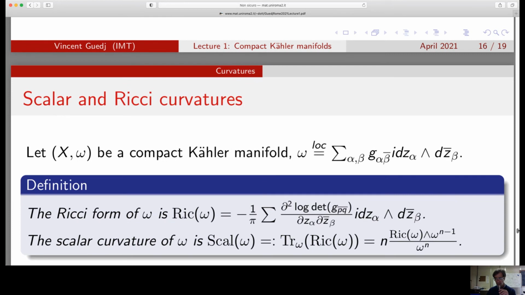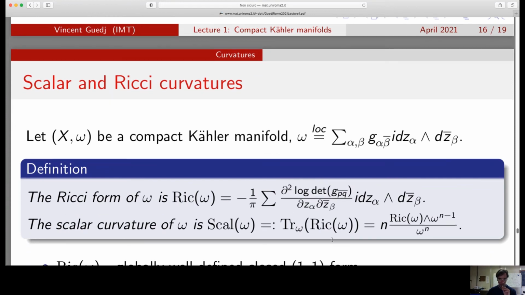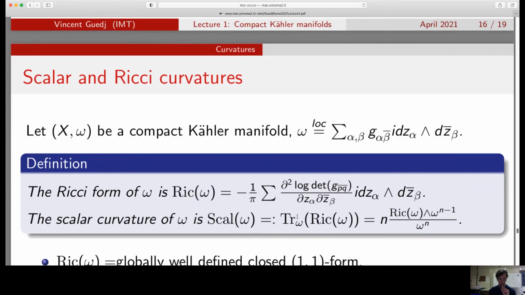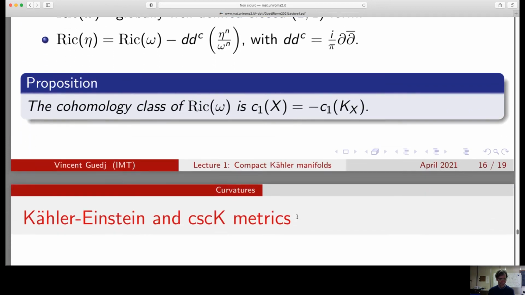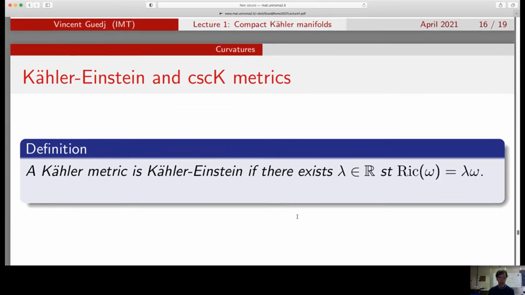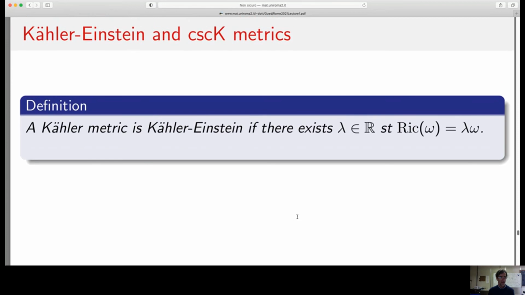Now we come to the subject of special metrics, and we want to say what a Kahler-Einstein metric is and what a constant scalar curvature Kahler metric is.